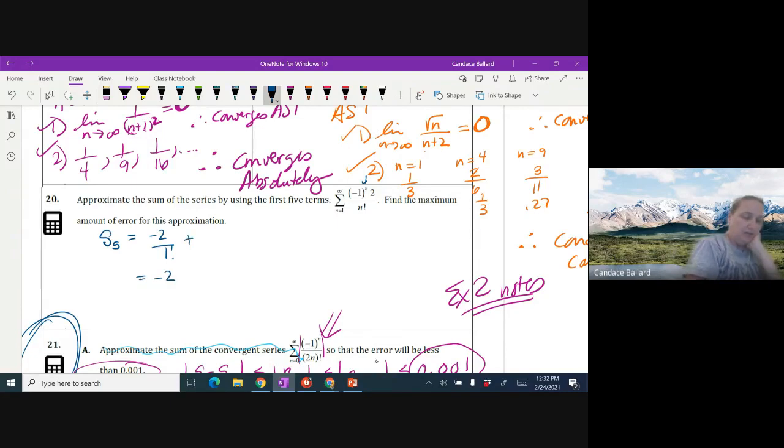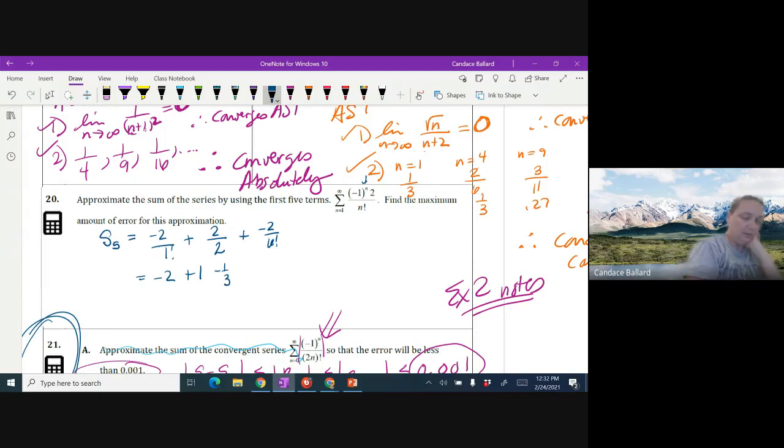Plus, for n squared, this 2 would be +1 times 2 is 2 over 2 factorial, which would just be 2, so that would be 1. Then I'm going to put in a 3. 3 is going to make it -2 over 3 factorial, which I believe is 6, so that's -1/3.